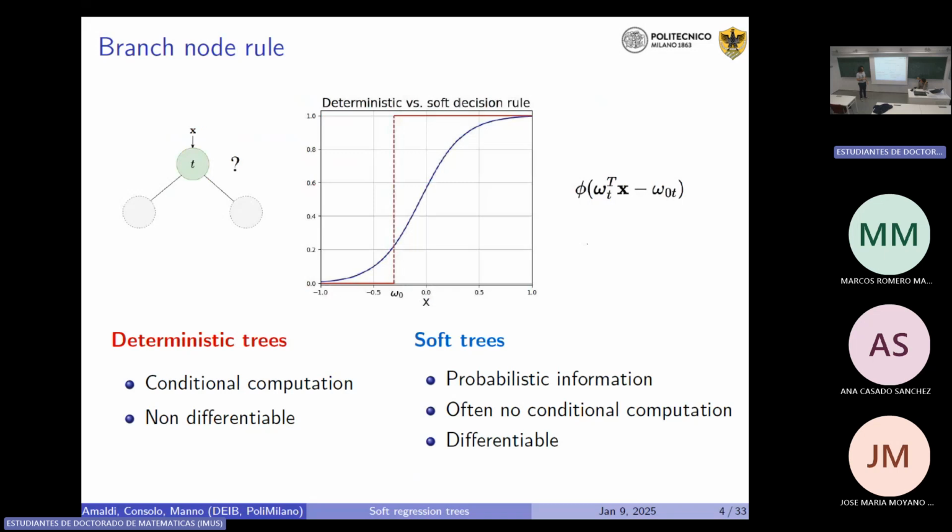On the other side, for soft trees, the advantage is that you can have additional information in terms of probability, but they often do not satisfy the conditional computation because the prediction involves the overall tree. But the good part is that they are differentiable. So you can define a smooth error function and use classical first order or second order optimization methods like gradient descent, Newton, whatever.